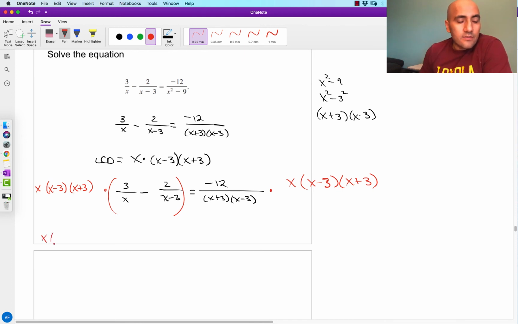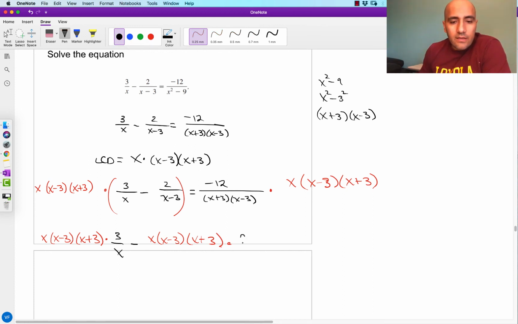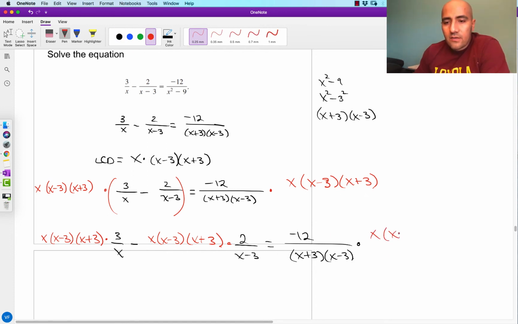I'll end up with x times (x minus 3) times (x plus 3) times 3 over x, minus, and then another, once I distribute, I get (x minus 3)(x plus 3) times 2 over (x minus 3), equals the right-hand side, which is negative 12 over (x plus 3)(x minus 3) times this, which is (x minus 3)(x plus 3).